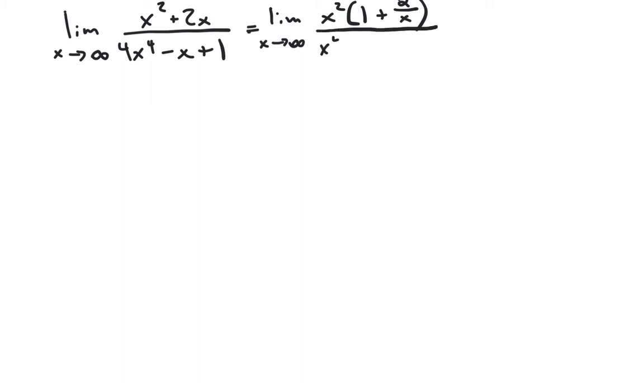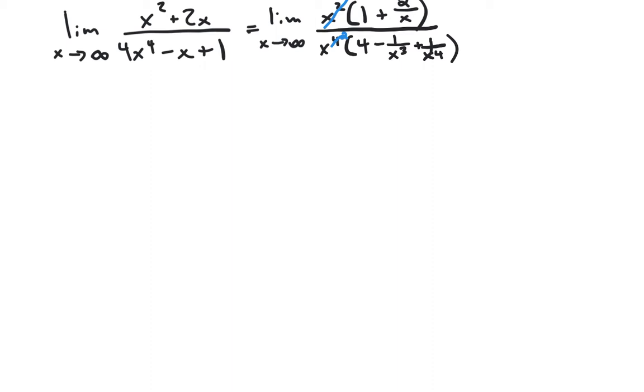So we get x to the fourth times 4 minus 1 over x cubed plus 1 over x to the fourth. And you can see here, we can't cancel off all of the x's in this case. We can cancel off all of them on top. But down the bottom, we can only cancel off 2 of them.